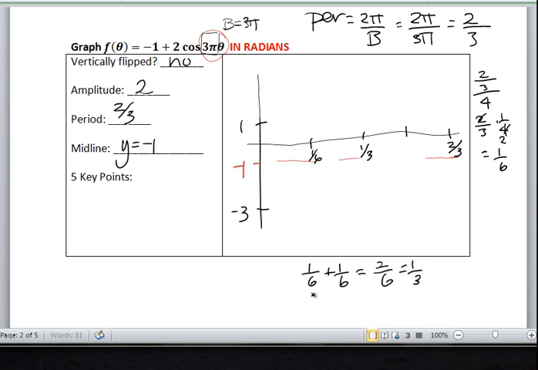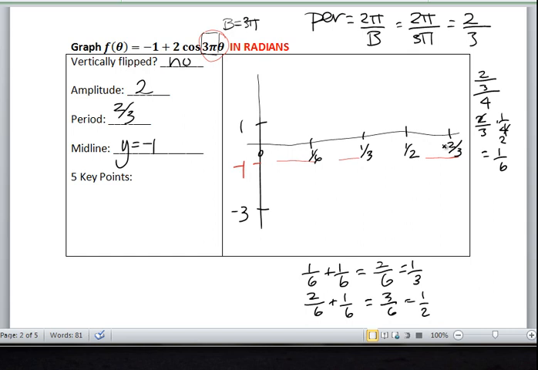That's how we got this one. So 2/6 plus another 1/6 is 3/6, which is 1/2. So this right here is 1/2. Alright, and so now this is 0, so we basically have enough to get our 5 key points now. But do you see how I did that? I know our whole period's 2/3, and then I figure out what a quarter is, and then I just keep adding that until I have all 5 of these points.